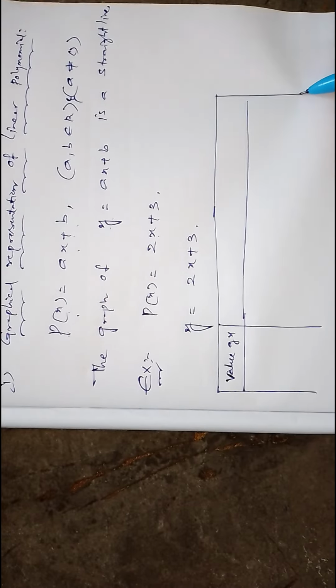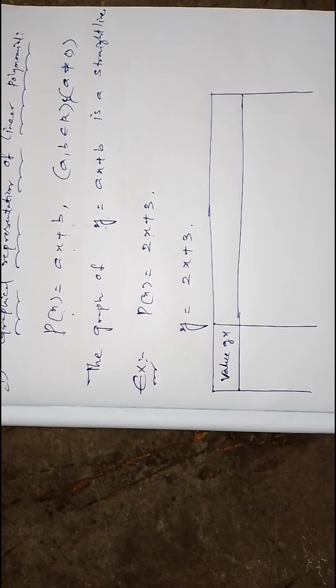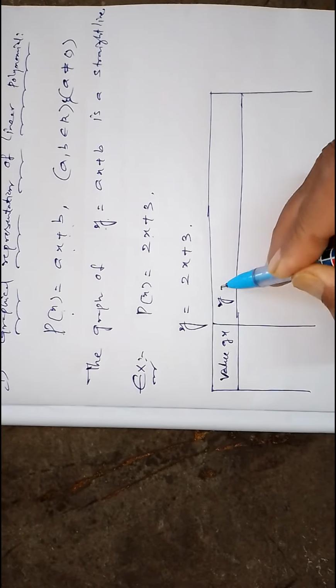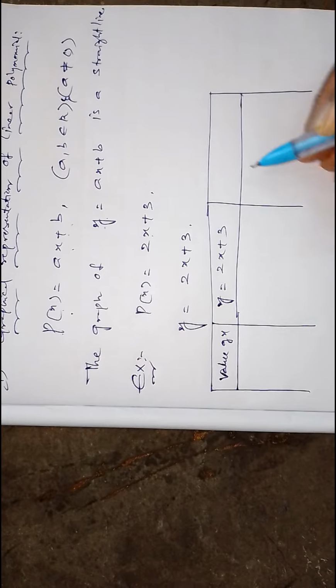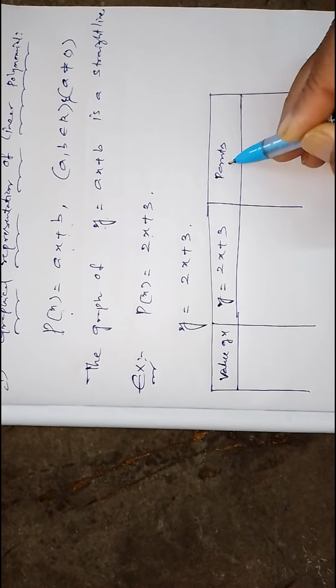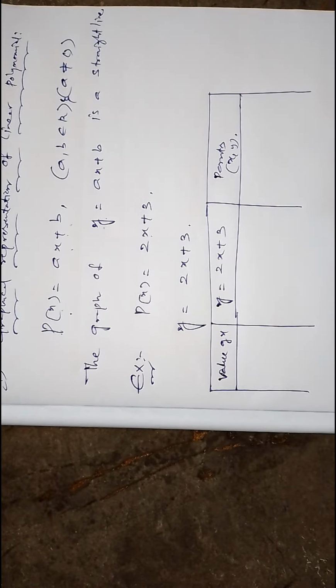Independent means we can take any value, it does not depend on any other value. Then when I take an x value, y equals 2x plus 3. The suitable point is x comma y, which we should write as a pair.